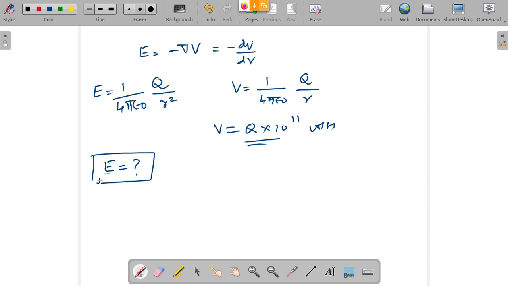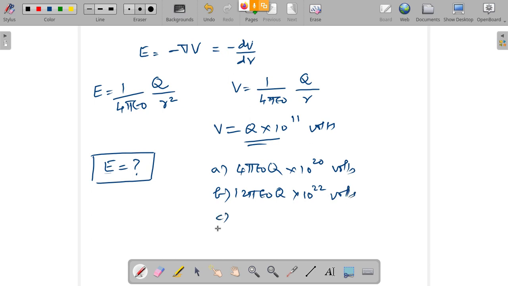Please try to work out and give me the answer. Or if you want choices, I can give some choices. The first choice is 4 pi epsilon naught q into 10 power 20 volts. Second choice is, let us say, 12 pi epsilon naught q into 10 power 22 volts.